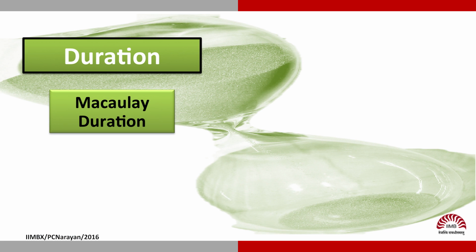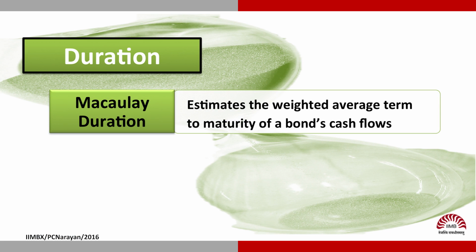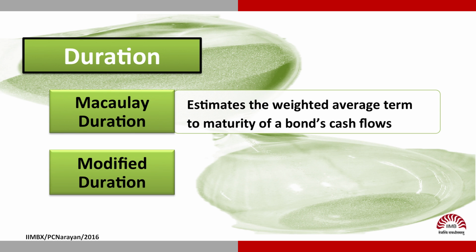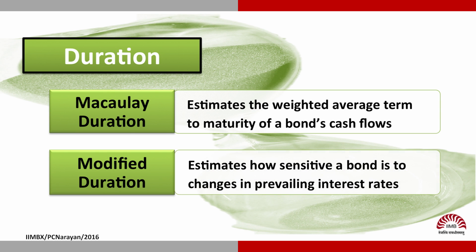Next, to understand how modified duration is computed, please go to the web link listed after this video. In summary, Macaulay duration estimates the weighted average term to maturity of a bond's cash flows, whereas modified duration helps investors understand how sensitive a bond is to changes in prevailing interest rates.